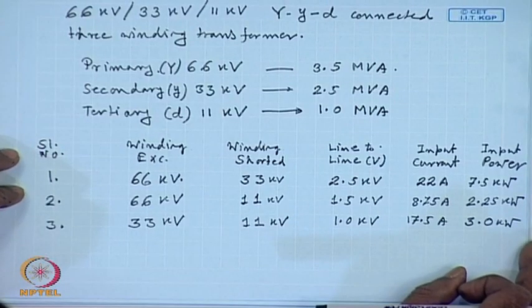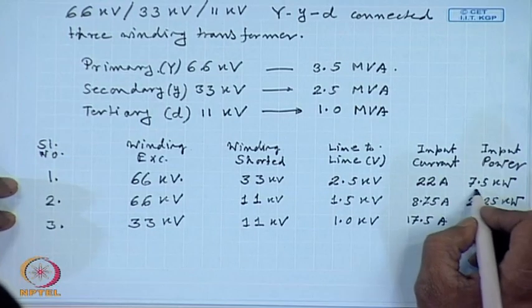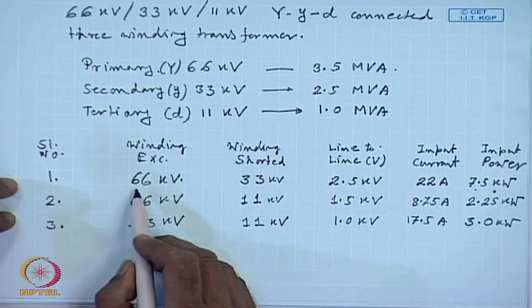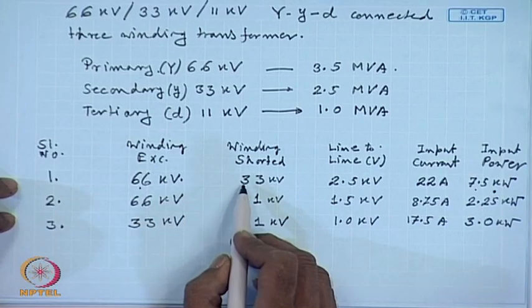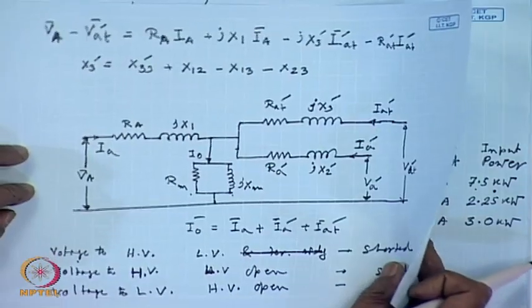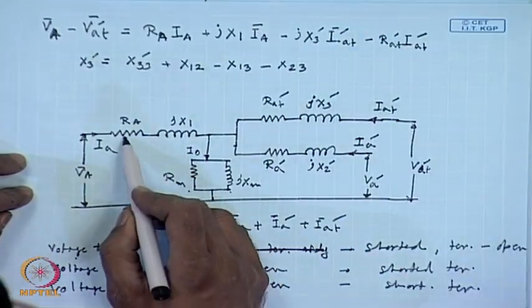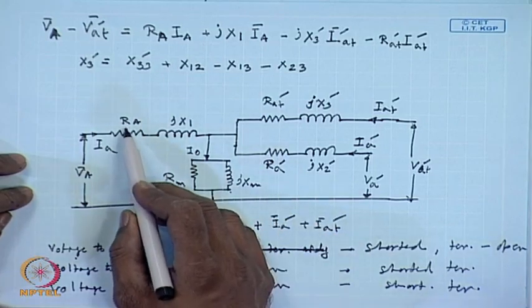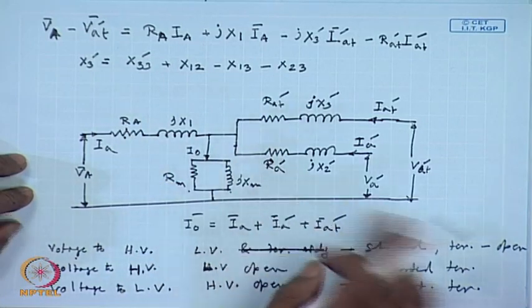Hence, for the first test data, the input power of 7.5 kilowatt is consumed in the high voltage winding and in the 33 kV winding, that is in this resistance and in this resistance.